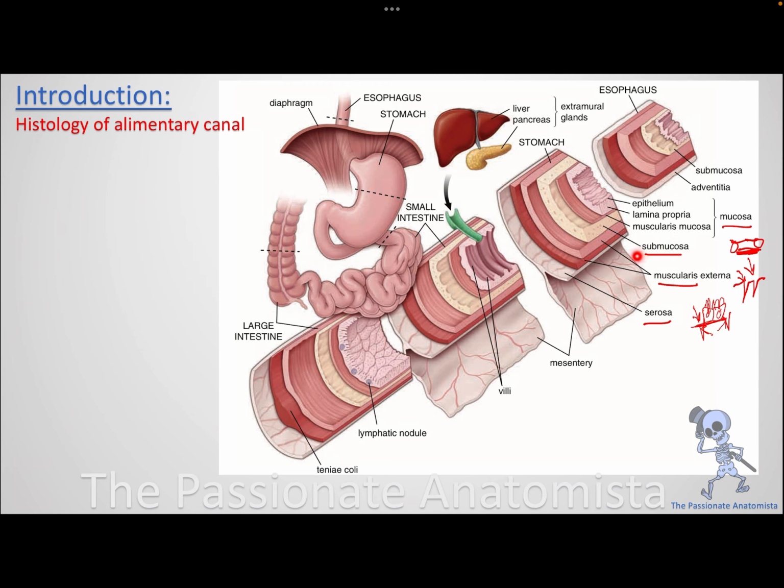And here in the GIT, we call it submucosa. So submucosa is nothing but the connective tissue that is below the mucosa, that's going to support it, and that's going to have important structures that will help you, for example, the vasculature, the innervation, the lymphatic nodules, the lymphocytes, the plasma cells, whatever you need for your mucosa.